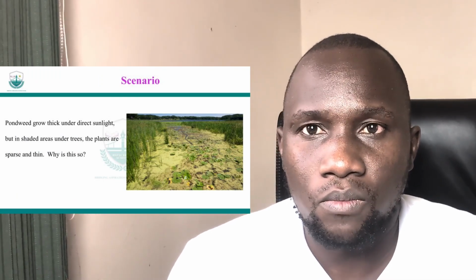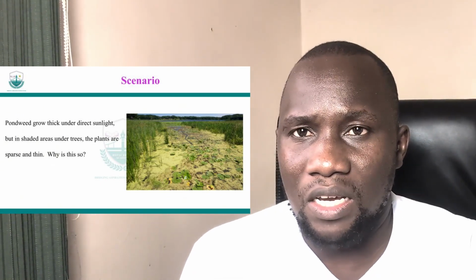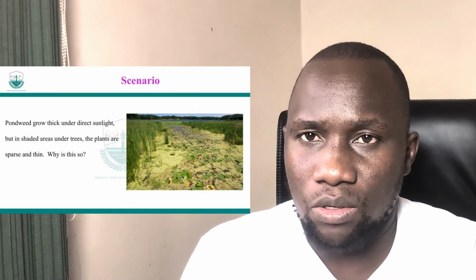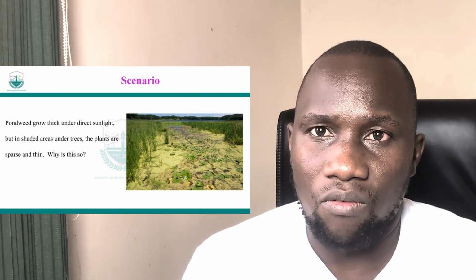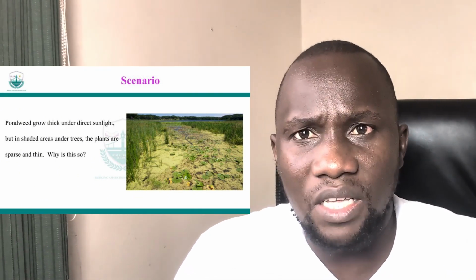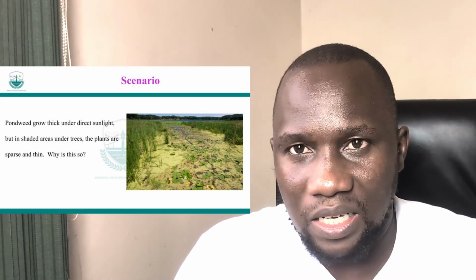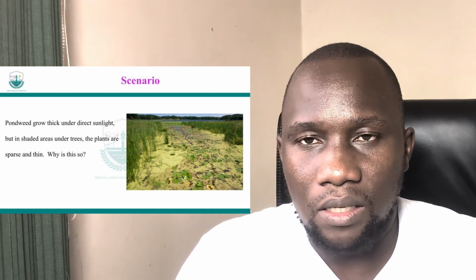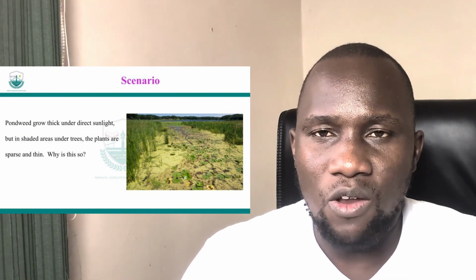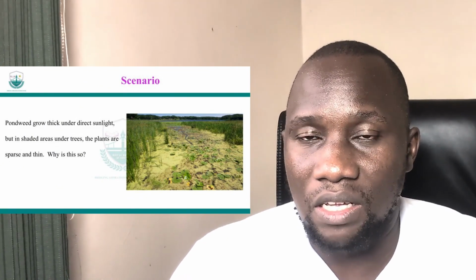For example, if you go to a nearby pond and look at the aquatic plants that are occupying the surface of this pond, you will realize that the aquatic plants or pond weeds that are under the shade are not growing vigorously compared to those that are receiving direct sunlight.